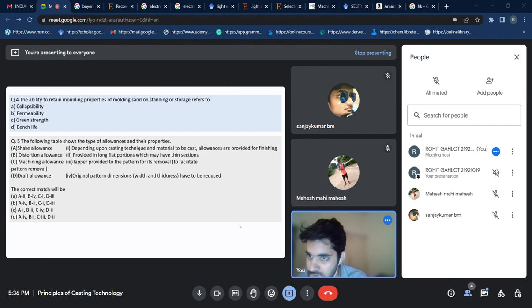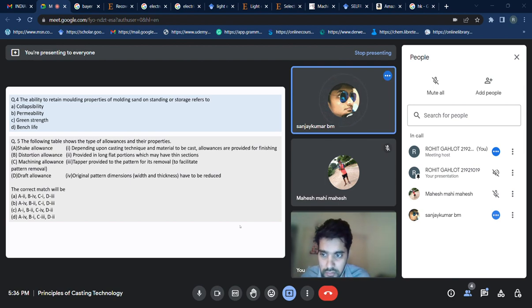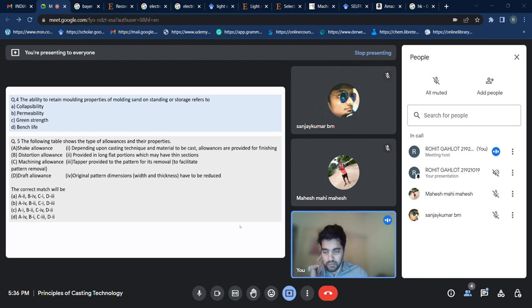Then the fifth one: the following table shows the type of allowances and their properties, like shrinkage allowance, distortion allowance, machining allowance, draft allowance. You can try to match it. So the shrinkage allowance is where the original pattern dimension has to be reduced.